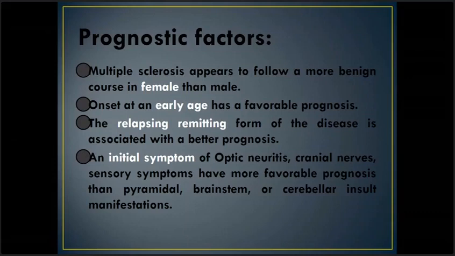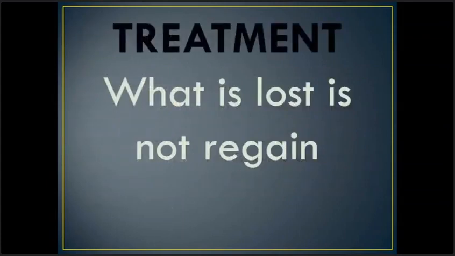Relapsing-remitting is definitely better than the progressive type. Initial symptoms, if they are optic neuritis, cranial nerves, or sensory, have a more favorable prognosis than pyramidal, brainstem, and cerebellar manifestations.